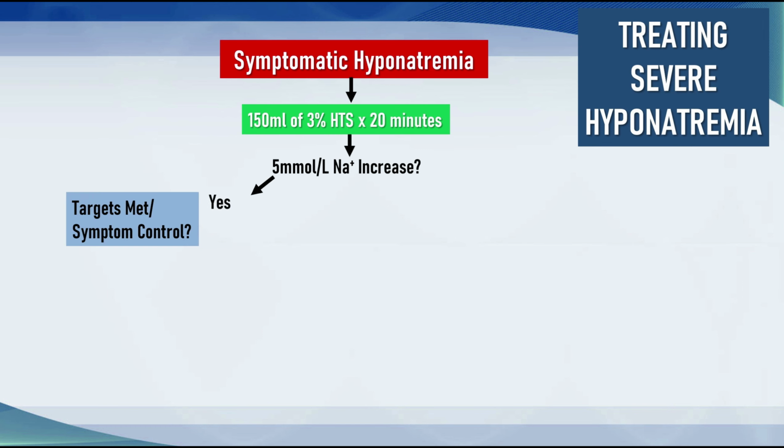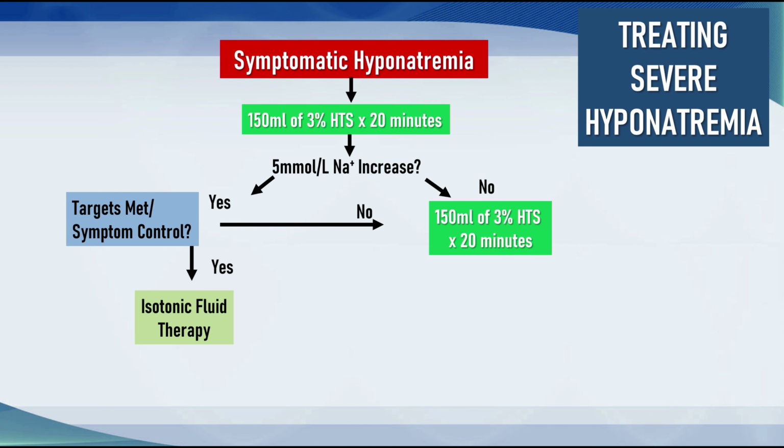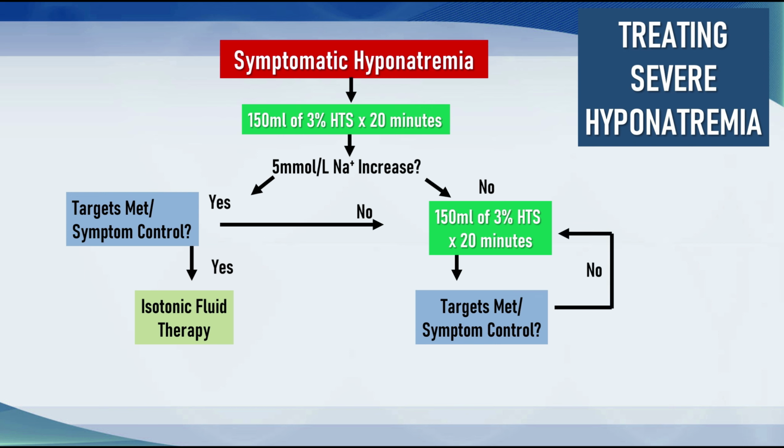And if the symptoms are under control, we can then give Rachel isotonic fluid therapy if necessary. If the 5 millimole target is not reached or the symptoms aren't controlled, then a second dose of 3% hypertonic saline is given and we go around and around until her symptoms are controlled.